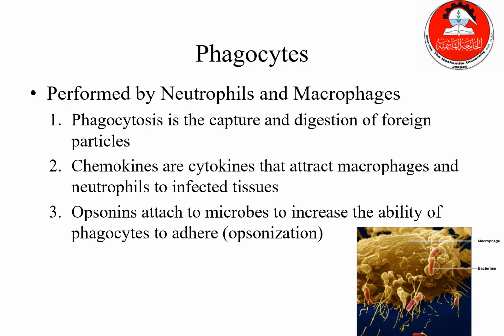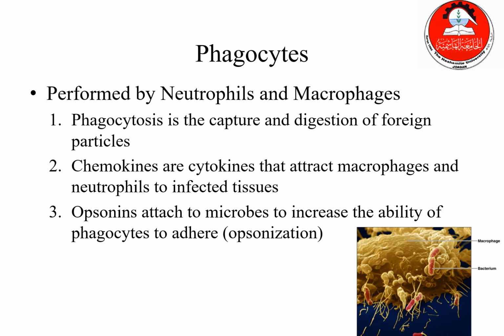Phagocytosis is performed by neutrophils and macrophages. Phagocytosis is the capture and digestion of foreign particles. So if we have a foreign pathogen, it's going to be engulfed and captured, and then these phagocytic cells are going to start digesting that foreign antigen. Chemokines are cytokines that attract macrophages and neutrophils to infected tissue.